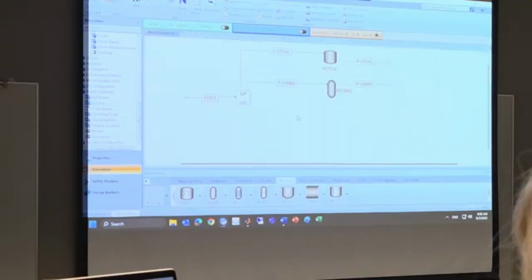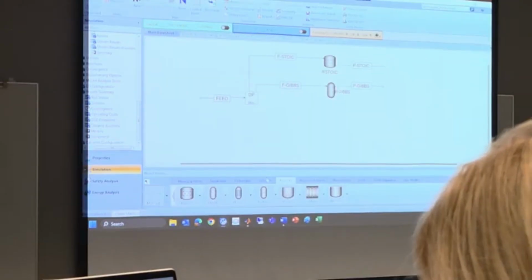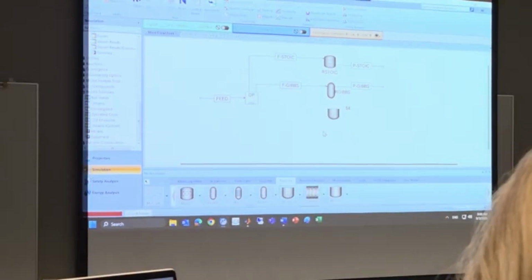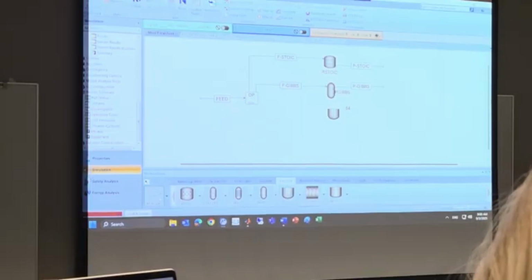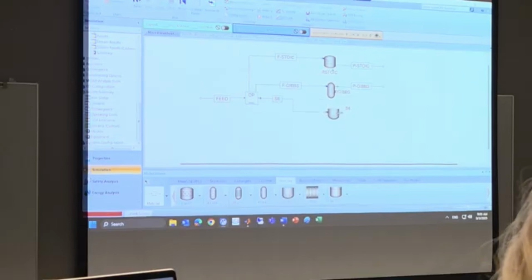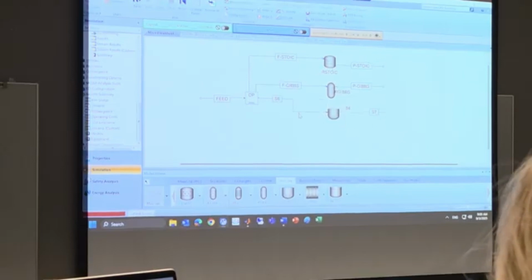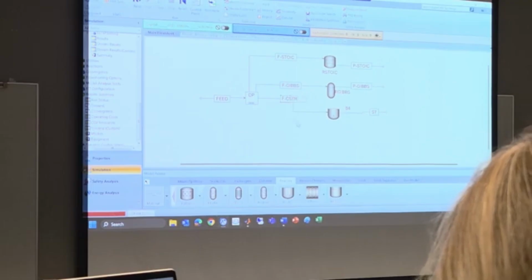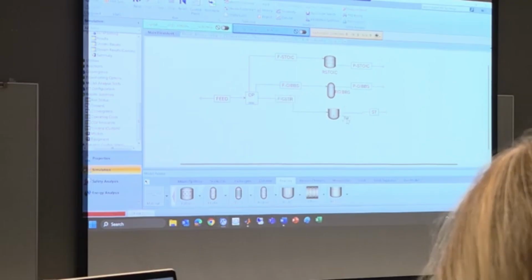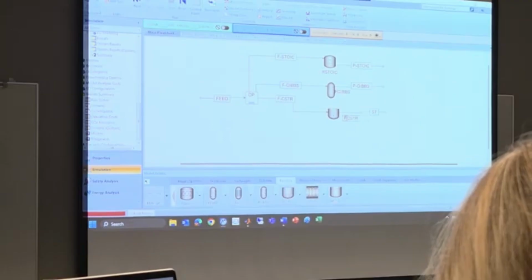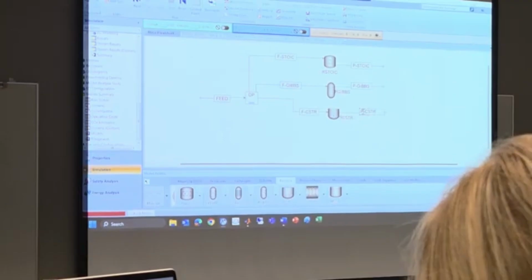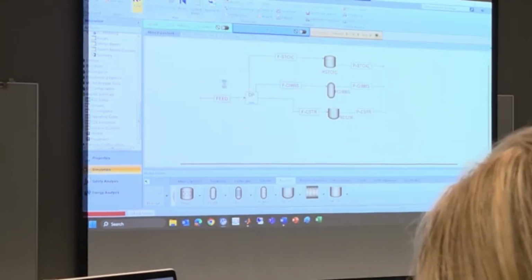Okay? Next one, let's look at the CSTR reactor. As I said, it is most commonly used in industry. And what is required?